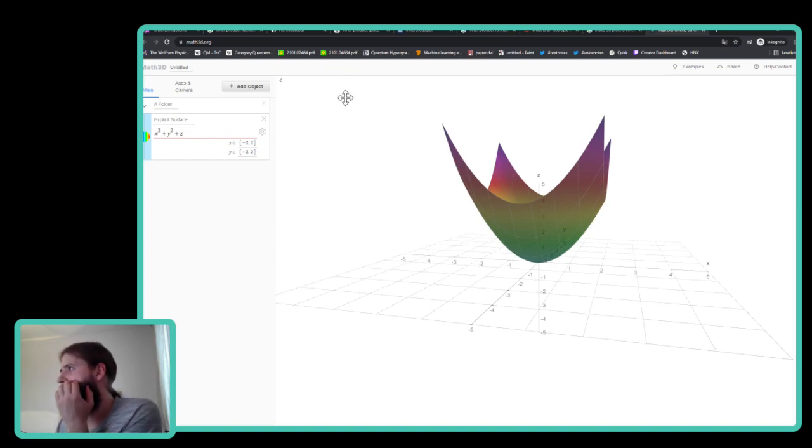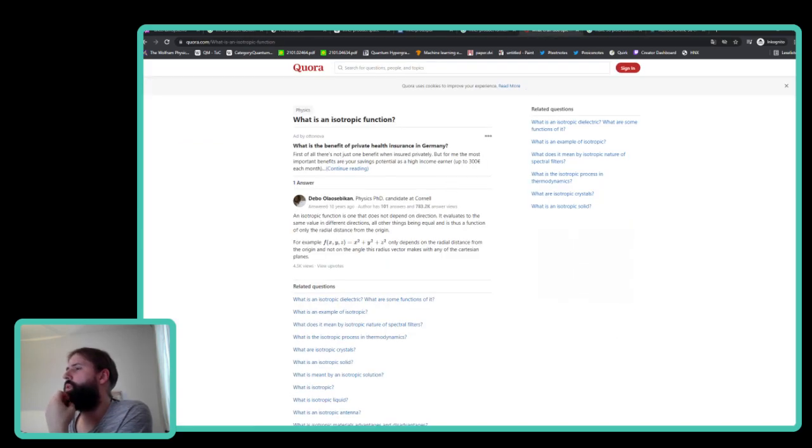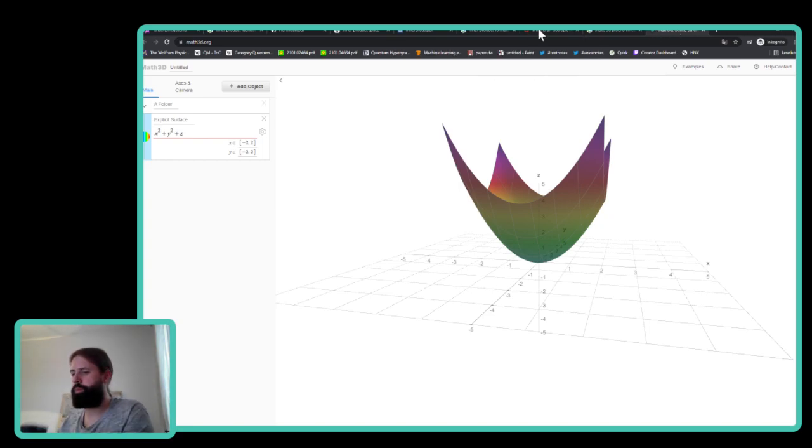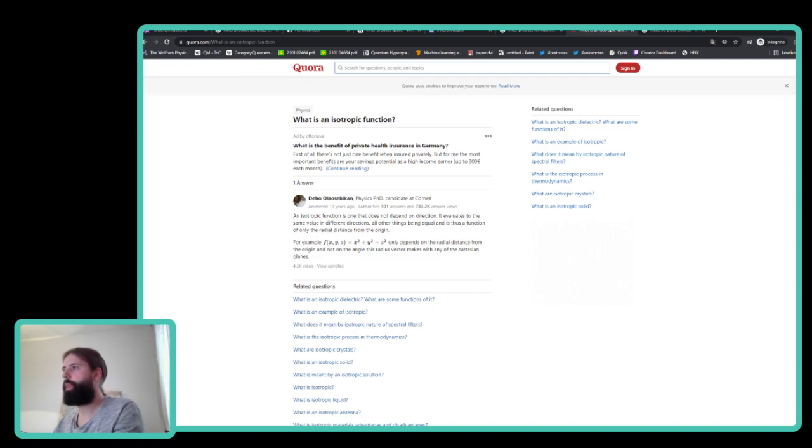Oh crap, I mean that is 4-dimensional actually, isn't it? What am I trying to do? Of course, I need 4 dimensions for that. Good luck plotting that. Okay, 0, 1 is... Yeah, anyway.